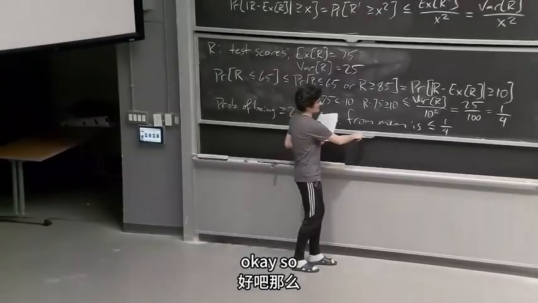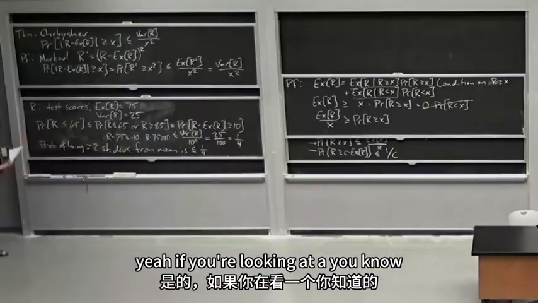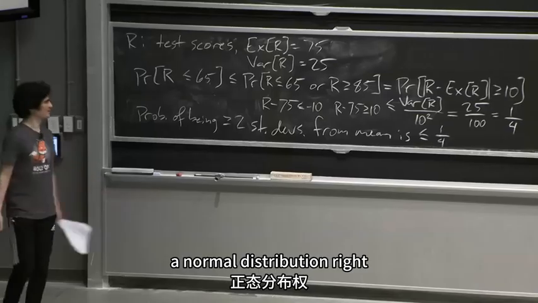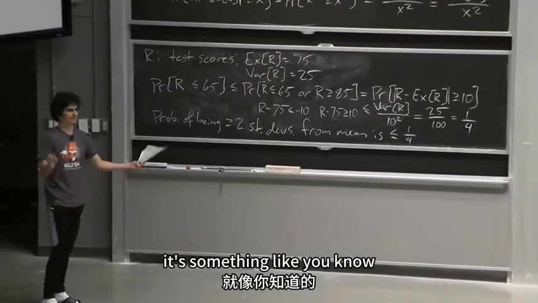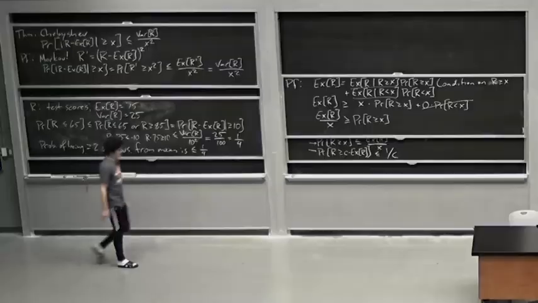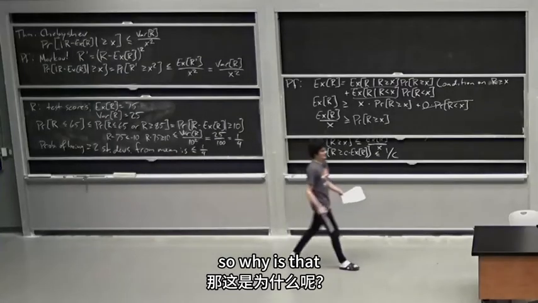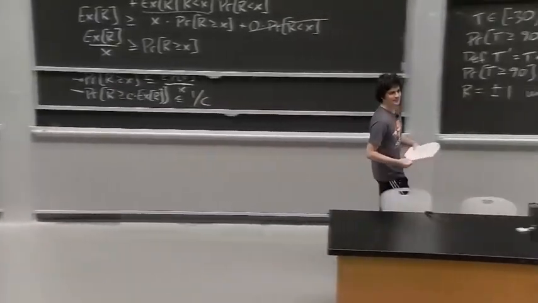Okay, so if you're looking at a normal distribution, you actually have a much better bound than 1/4. It's something like a few percent. So why is that? Any ideas?